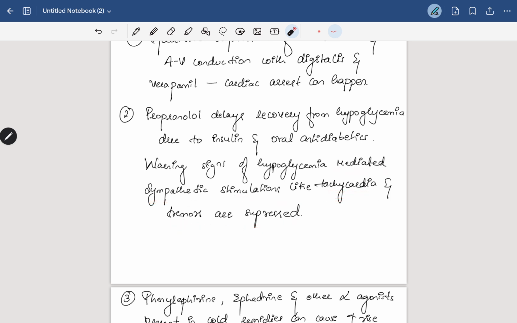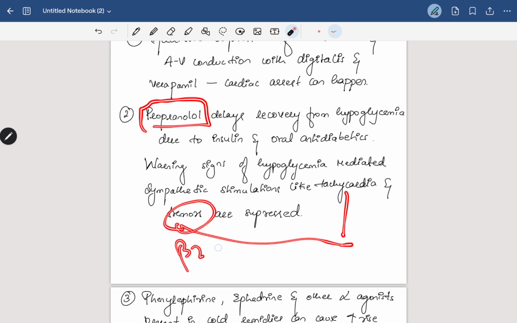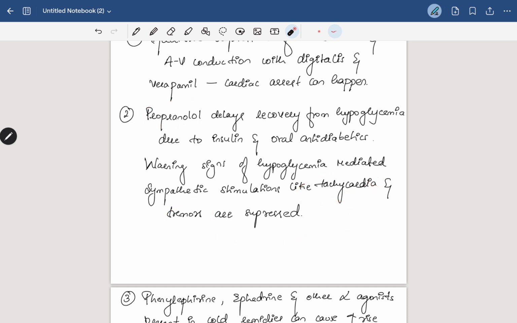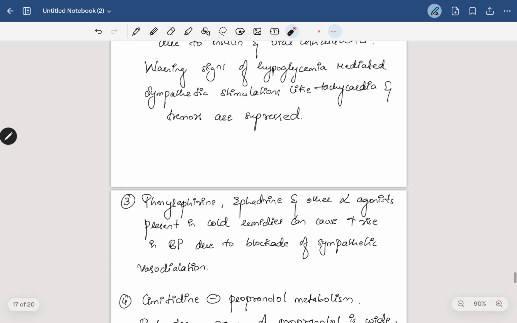These are also suppressed. First of all, it is delaying the recovery of hypoglycemia, and when there is hypoglycemia, obviously the patient produces some symptoms like tremors and tachycardia. These symptoms are also blocked by beta blockers such as propranolol. Why? Because tremors are caused by beta 2 stimulation, and so is tachycardia. So all of this is blocked. So it is very dangerous.